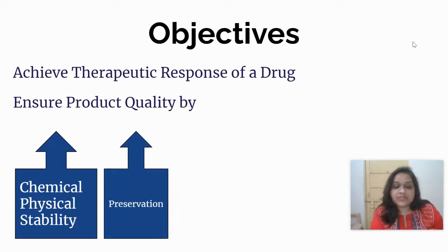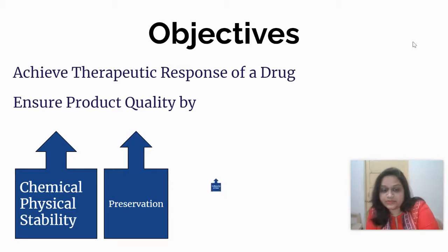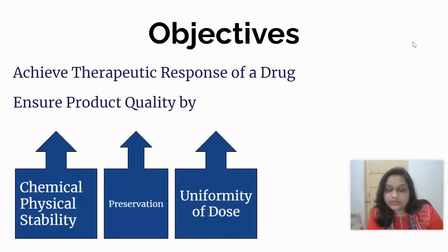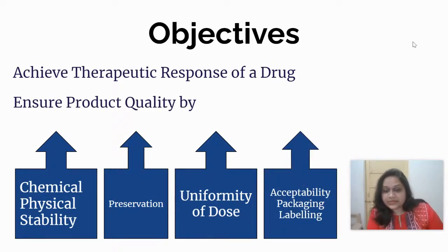The next is preservation. The preservation has to be ensured before the dosage form design. Uniformity of dose should be there because adjustment of the dose is very necessary, and acceptability to the patient, whether he or she can take the pill or tablet, or the capsule, or the injection.